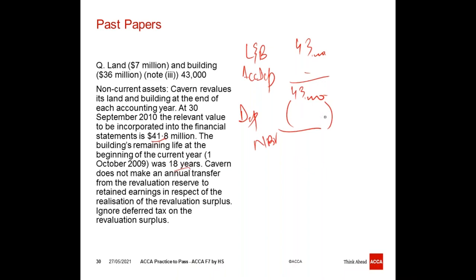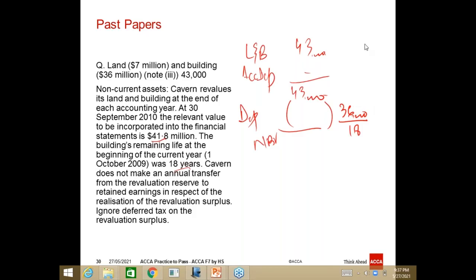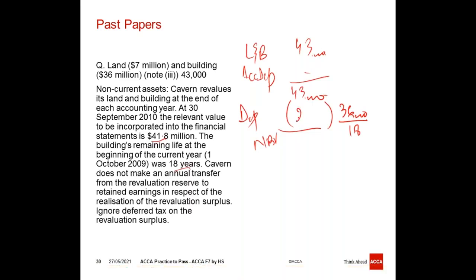It should be 36,000 divided by 18. So the amount should be 2,000. So the book value will be 41,000. The market value is now 41,800. So there will be a revaluation gain of 800.